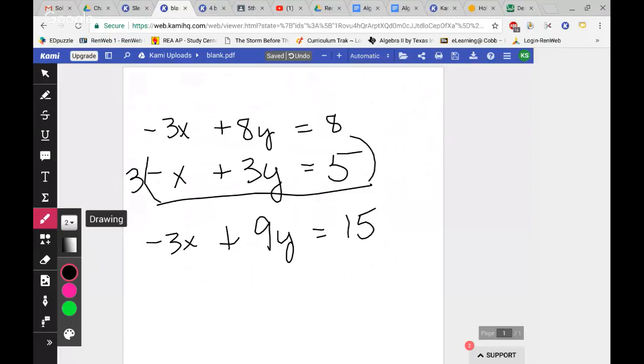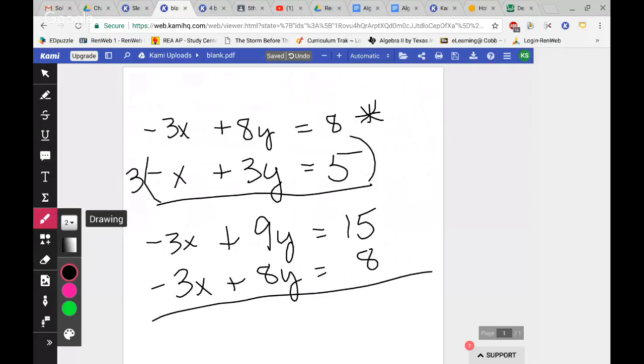And then I'm going to rewrite that top equation down below it so that they're all lined up. Now that the coefficients are the same, I have to subtract them, right?